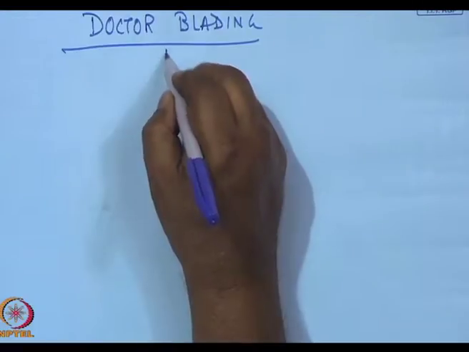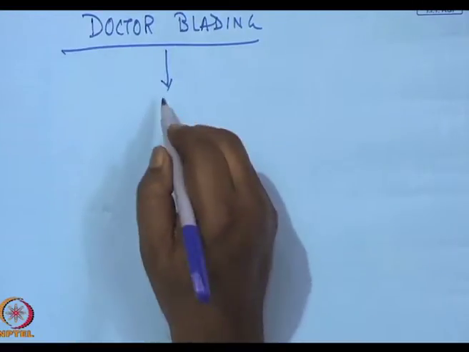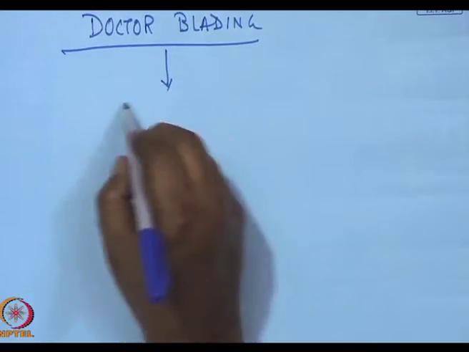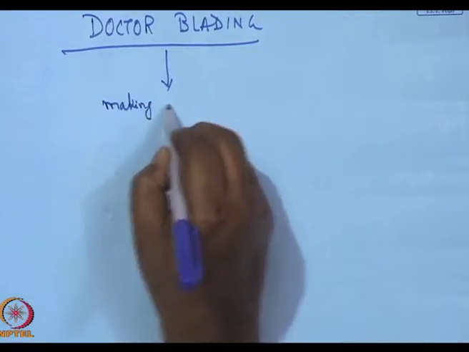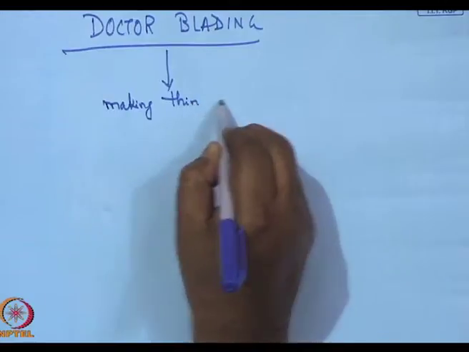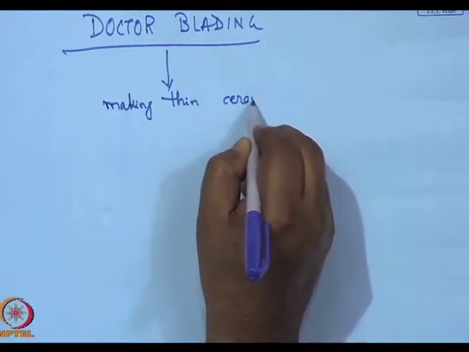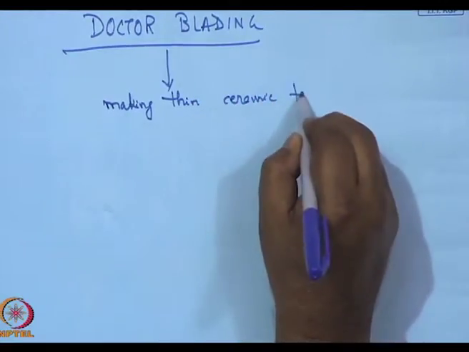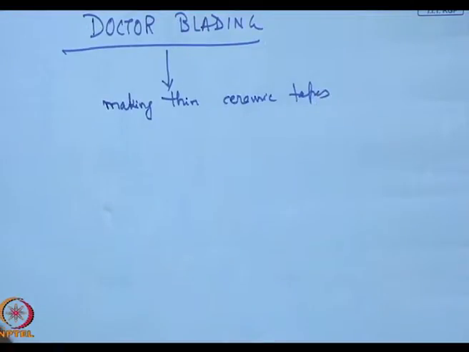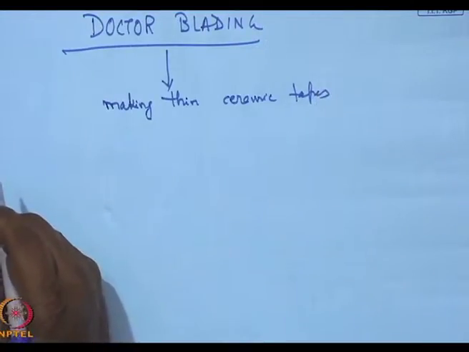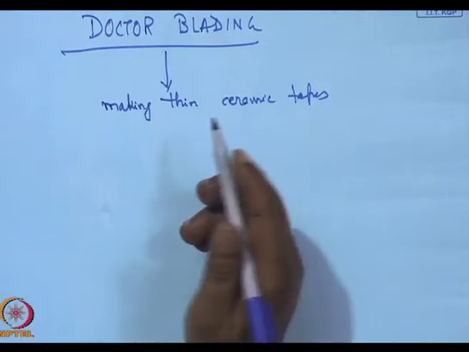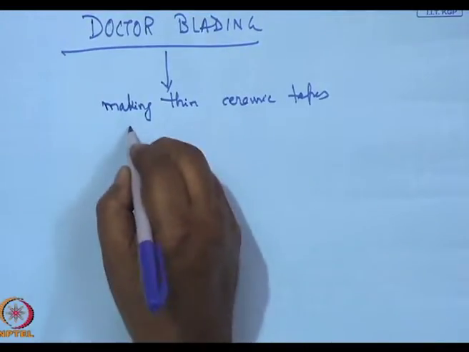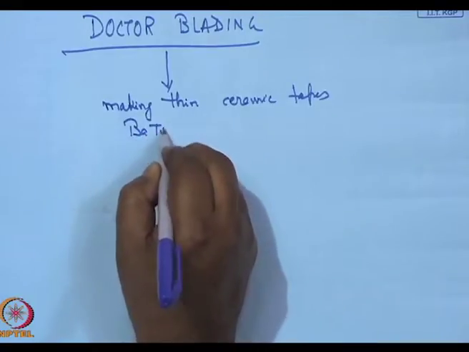This process is used for making thin ceramic tapes. Like, let us say, tapes of barium titanate.